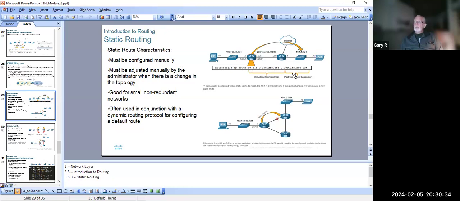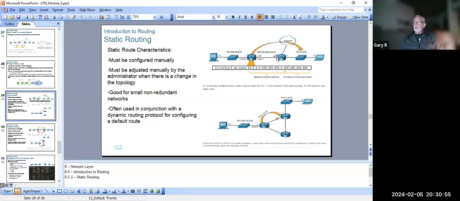So in this case, on this router here, to get to this network, 10.1.10.0/24, which is the same as 255.255.255.0, you send the packet next to 209.165.200.226, which is that address there.